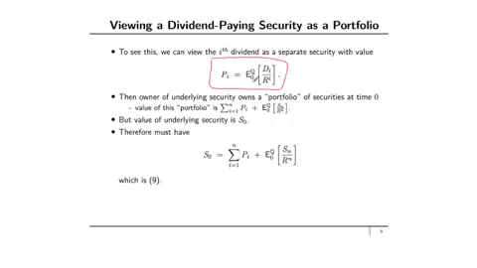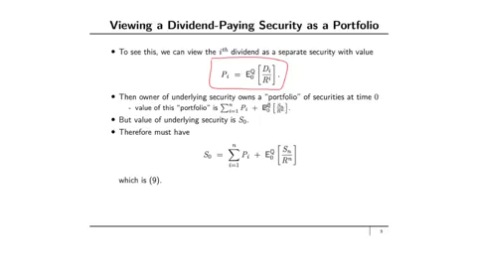Now we can view the owner of the underlying security as owning a portfolio of securities at time 0. The value of this portfolio is the value of the securities within the portfolio. Those securities are each of the n dividends, okay, and each of those n dividends has value p_i for i equals 1 to n, plus the terminal value of the stock, or if you like, the value at time n, and that's S_n discounted by R to the n, taking its expectation with respect to the risk-neutral probabilities.